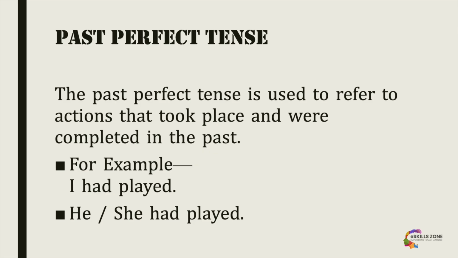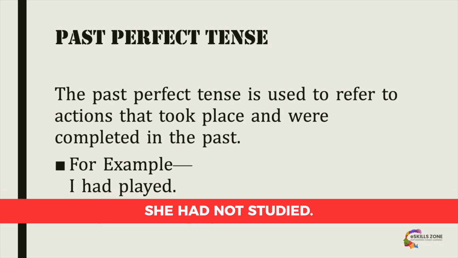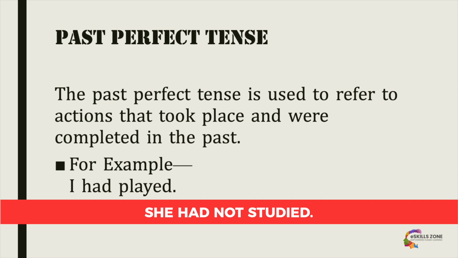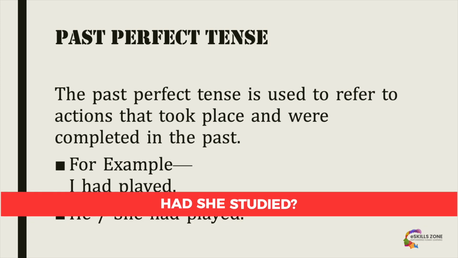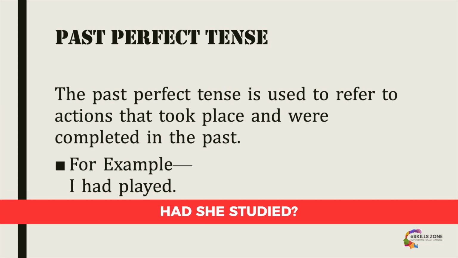The first form is study, the second form is studied, and the third form is studied. Now we want to convert this sentence into negative, which will be she had not studied. And the interrogative will be had she studied? Question mark.